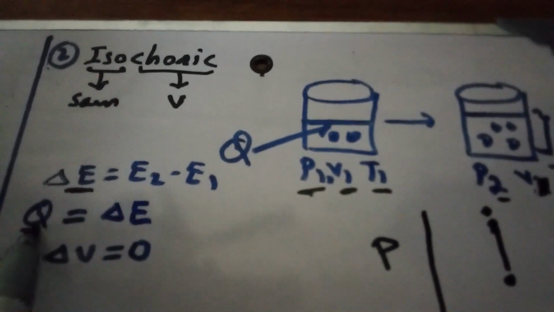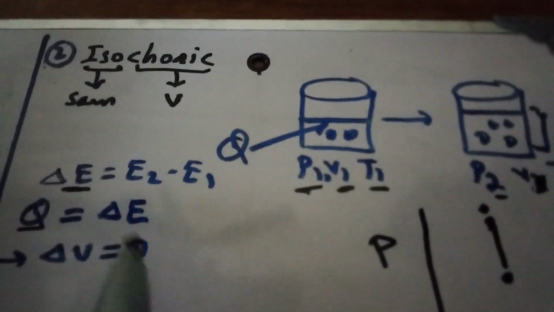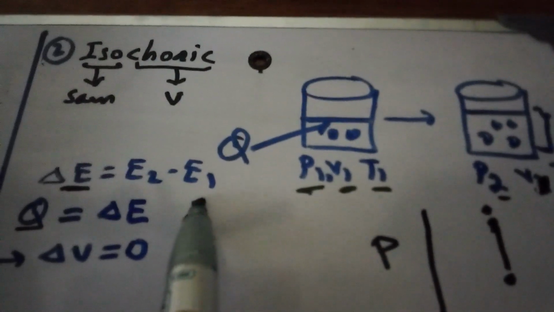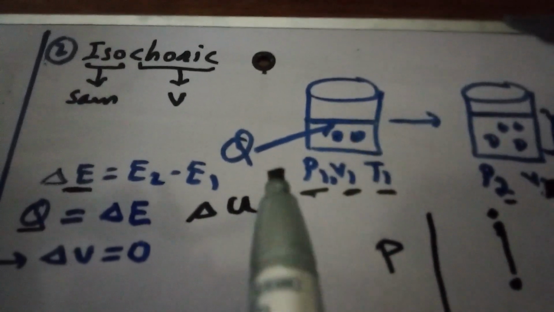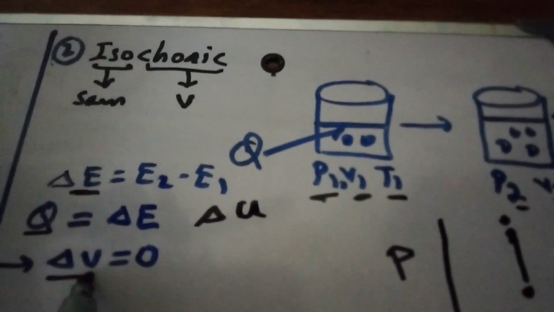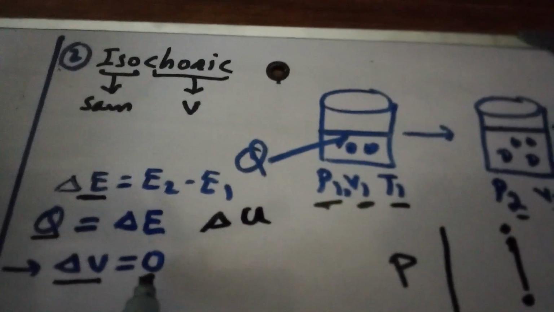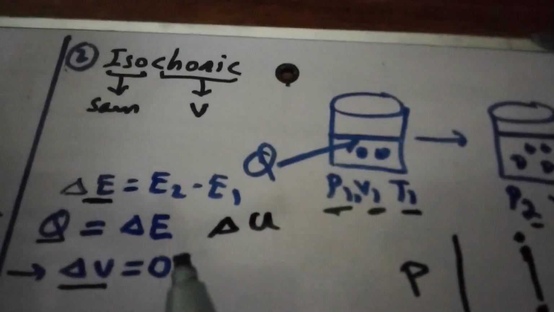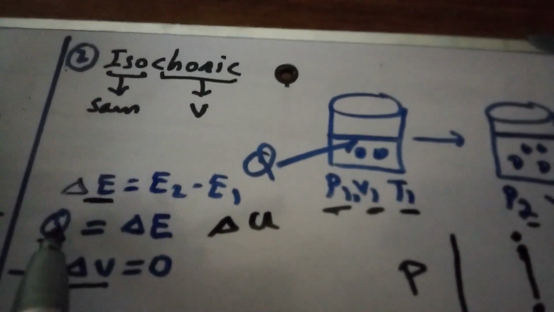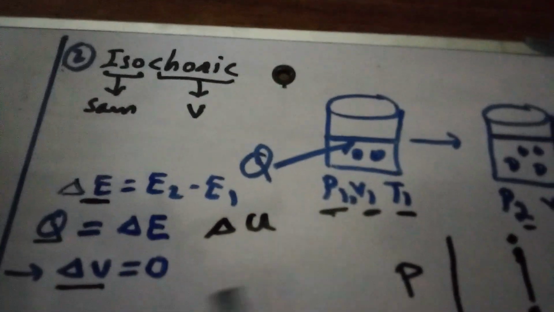The heat is always equal to the change in internal energy, so delta E can also be written as delta U. If delta V is 0, then there is no work done in the system. So the heat is always equal to the internal energy.